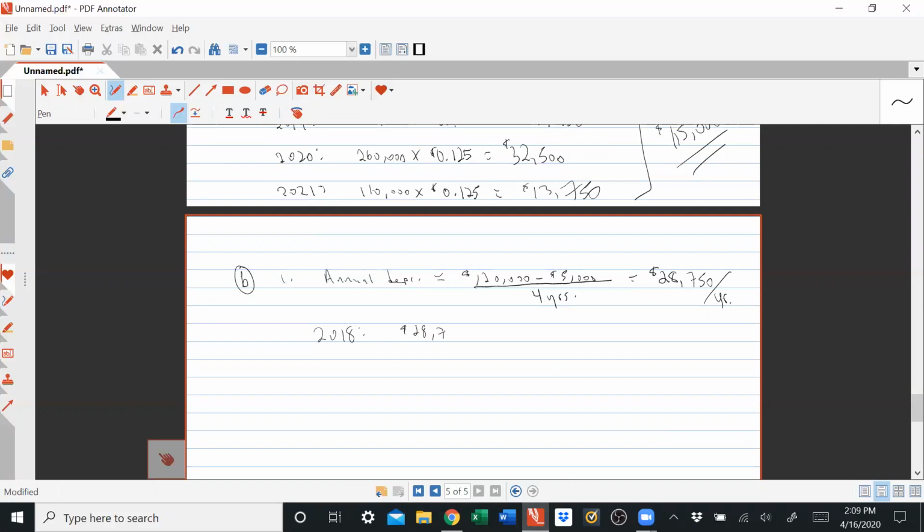This would be the amount we would recognize if we had the asset for all 12 months of 2018. But if we only have the asset 6 out of the 12 months, July through December, then we have to multiply this by 6 over 12, or 1/2. So what would that be? 14,375.